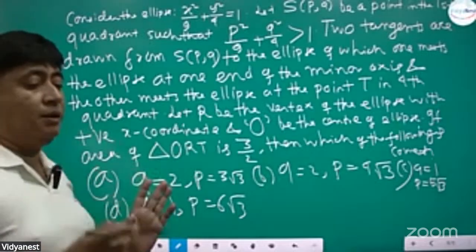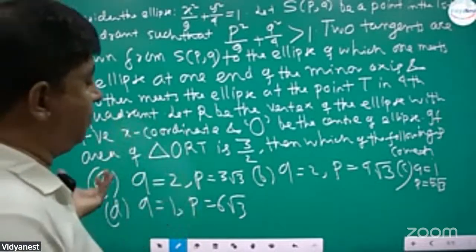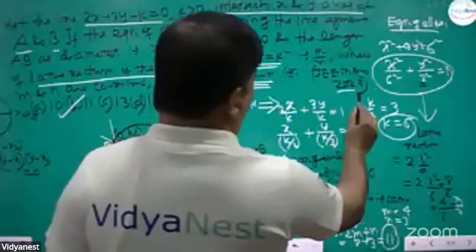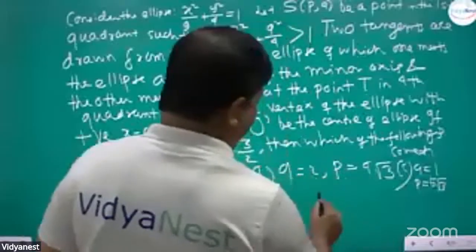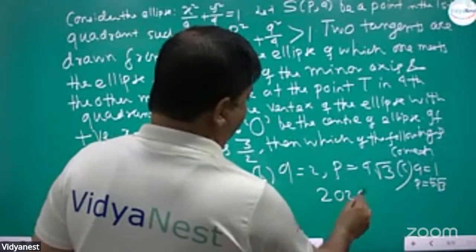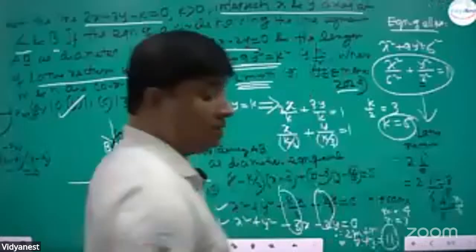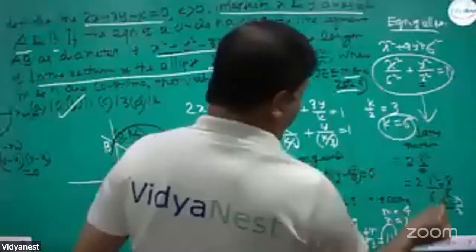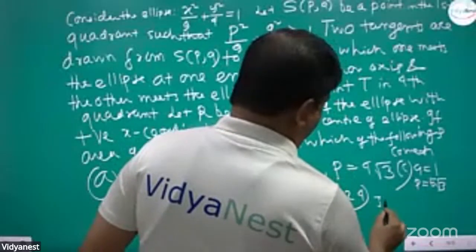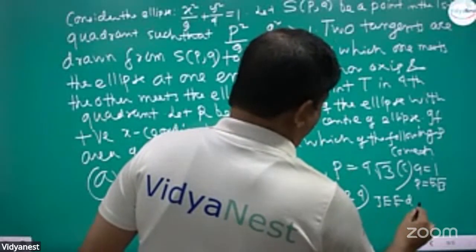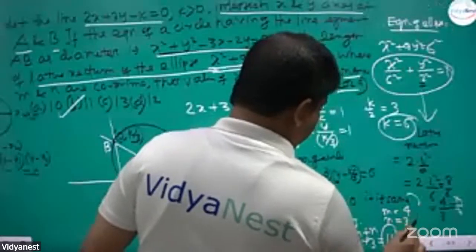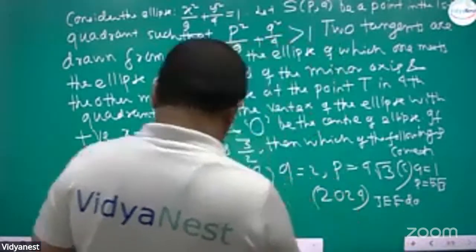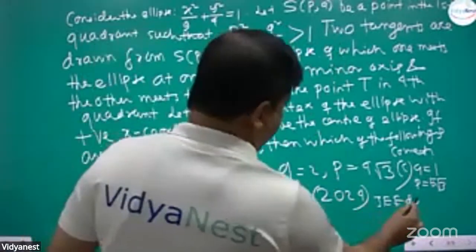What is the similarity between the previous sum and this sum? Previous sum came in 2024. This sum also came in 2024. What is the difference? Obviously, difference in level. But it came in JEE Main, it came in JEE Advanced.